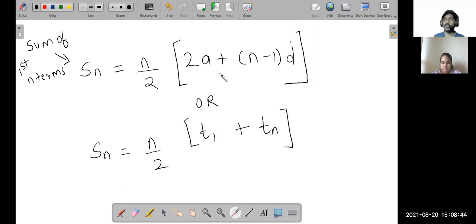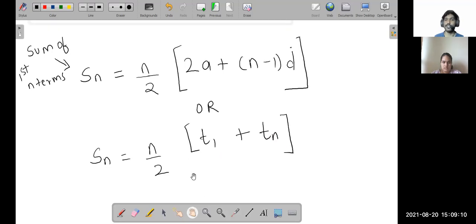If the last term is not given in the AP, then you use the first formula. If the last term is given, then you use the second formula. It will be easier. So write down these two formulas in your notebook first.